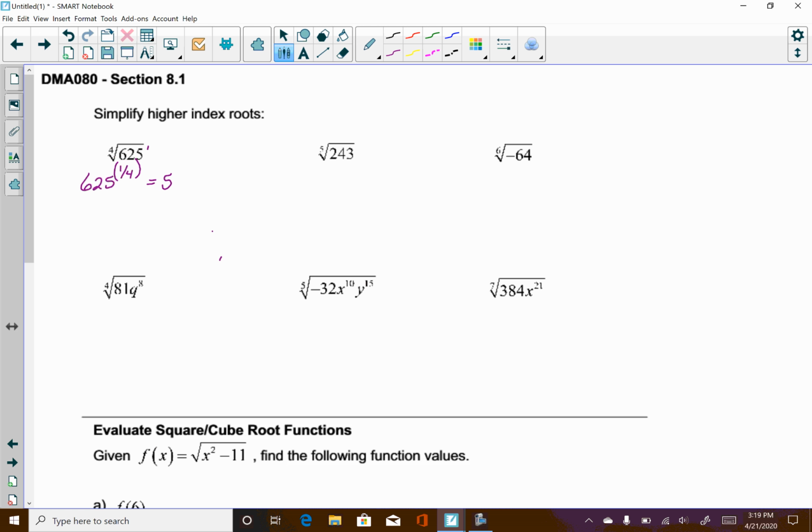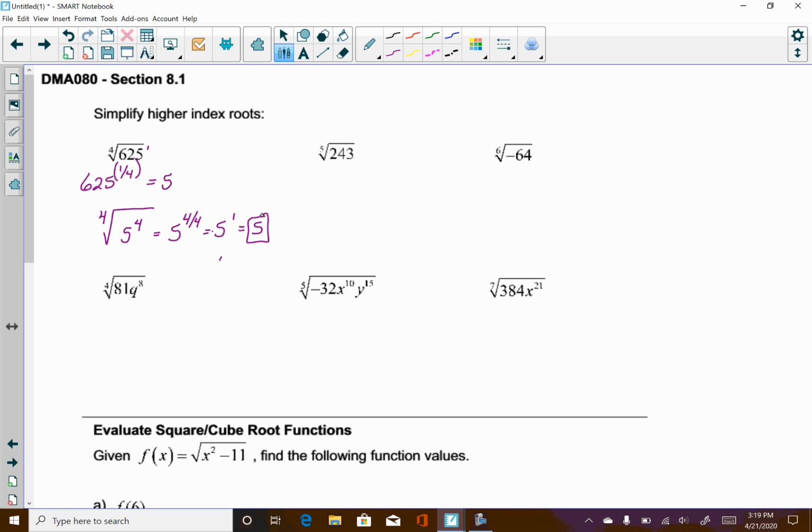Another way to think about it, though, is that 5 to the 4th power is 625, and so the fourth root of 625 is the same as 5 to the 4 divided by 4, which is 5 to the 1st power, which is just 5, like we got before.